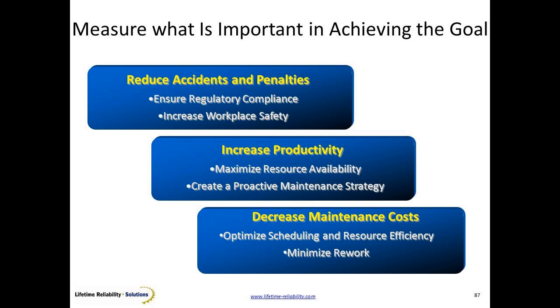Are the machines available to produce, or are they down so often that I can never get better productivity? Is our strategy a proactive strategy? Are we ahead of the breakdowns, or are we waiting for the breakdowns to fix them? Because if I'm still practicing reactive maintenance, then I can never get increased productivity. I've got to prevent maintenance. I've got to prevent problems. So I can start measuring the things that produce the goal that we want.